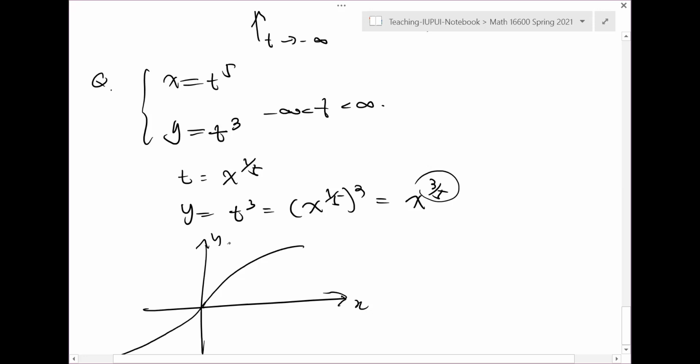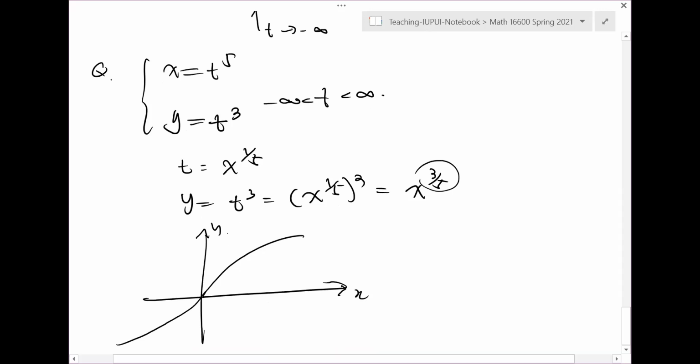And when t is negative, x is negative. When t is negative, y is negative. So this is the first thing, you can get the equation. Second, x and y both change signs when t changes signs.